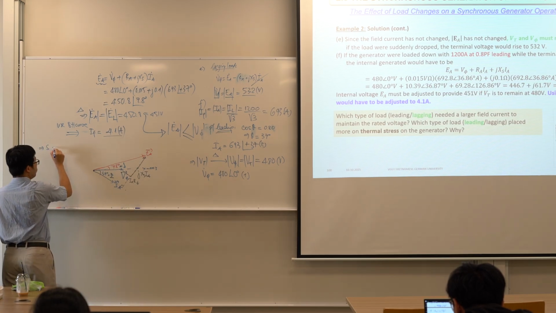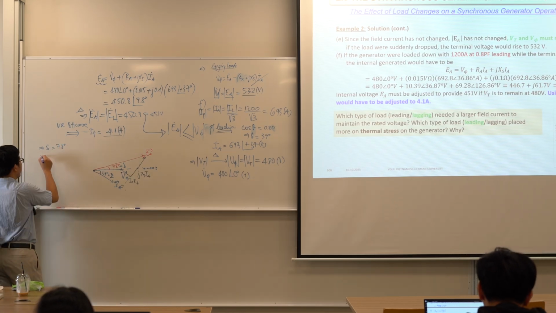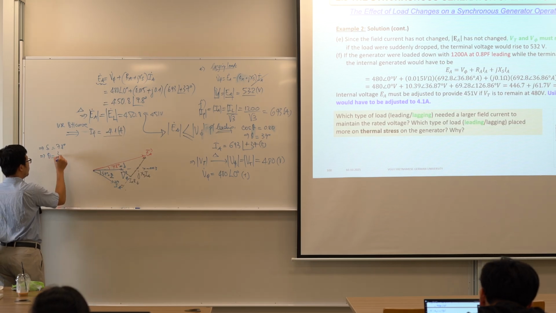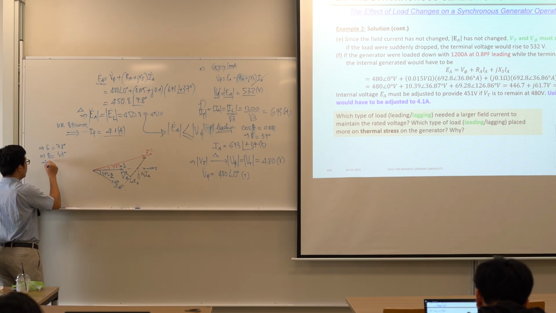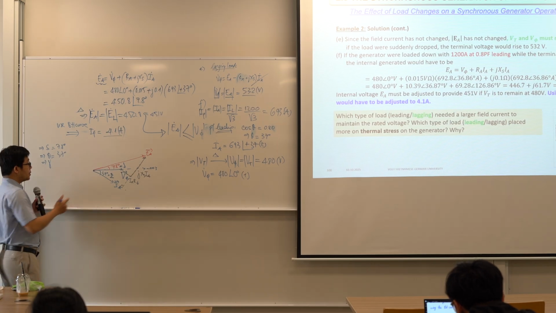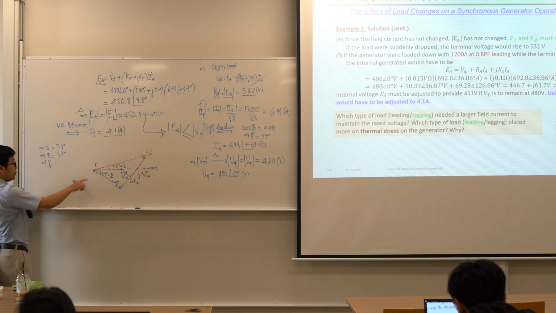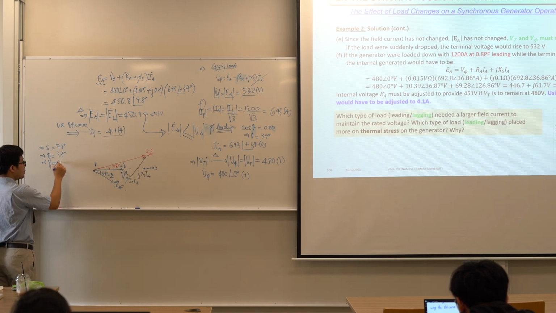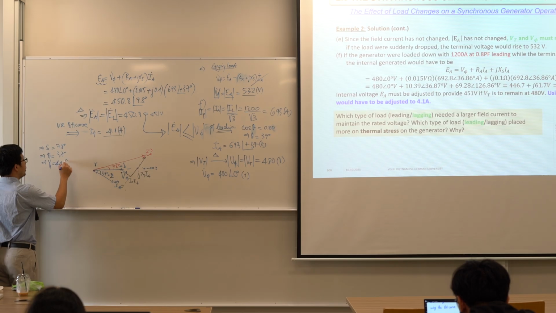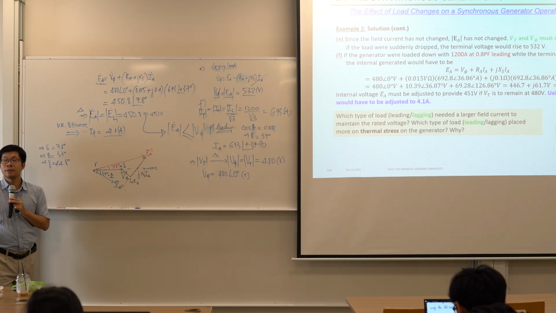So we can conclude that delta is 7.8 degrees. We also calculate theta, which is 37 degrees. We also calculate gamma, the phase angle between EA and IA. Can you get how many? 44.8 degrees. Questions?